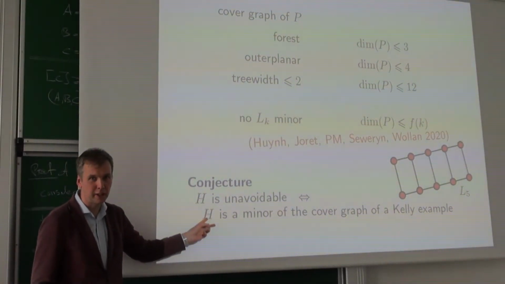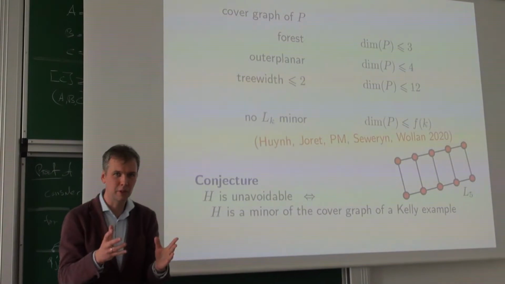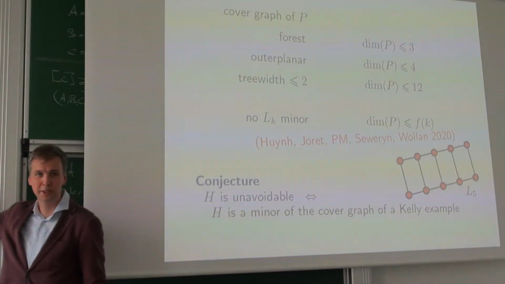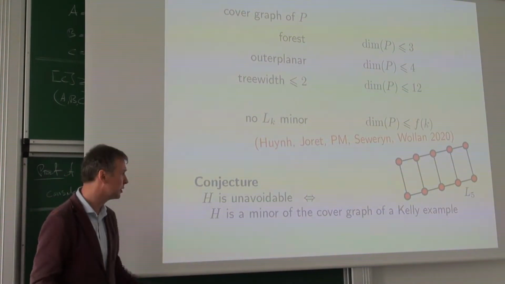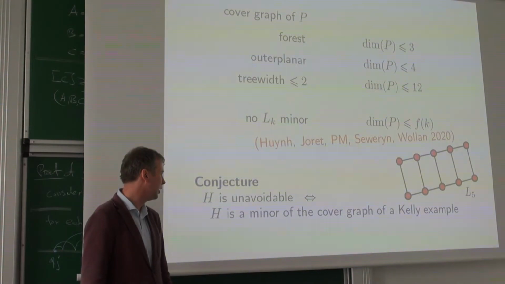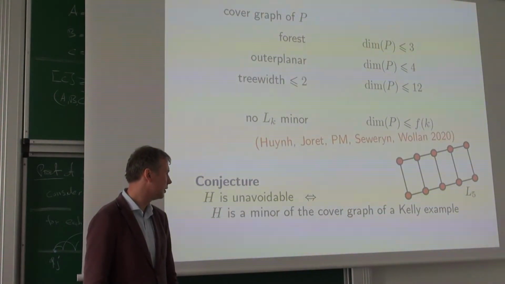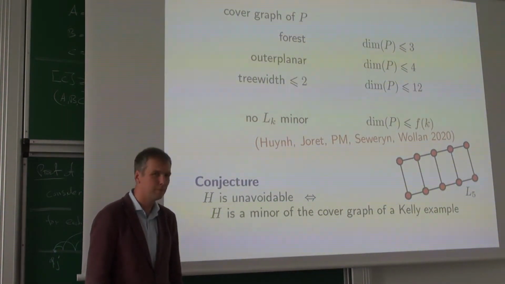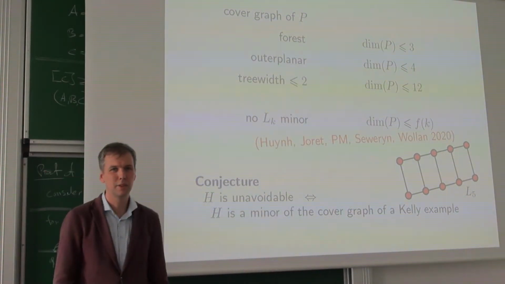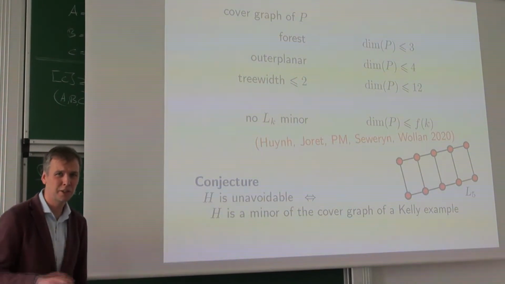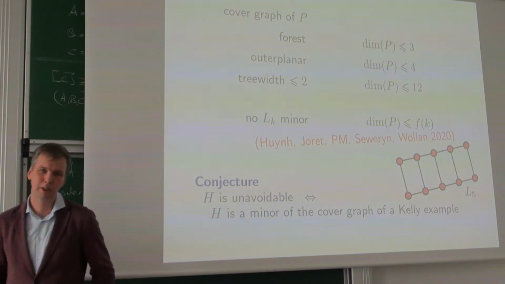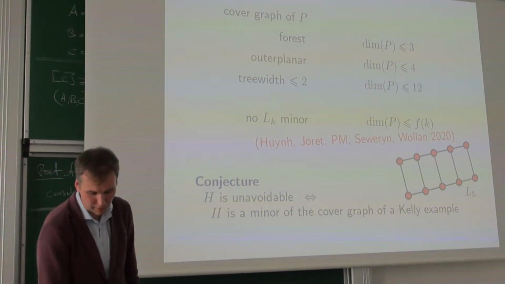Well, it appears in Kelly, but maybe there is some other construction that avoids it. So this is the thing I don't know the status of in this direction. The other direction is trivial: if something is unavoidable, then it must appear in Kelly, because Kelly has arbitrary dimension. Yes, the one is trivial.